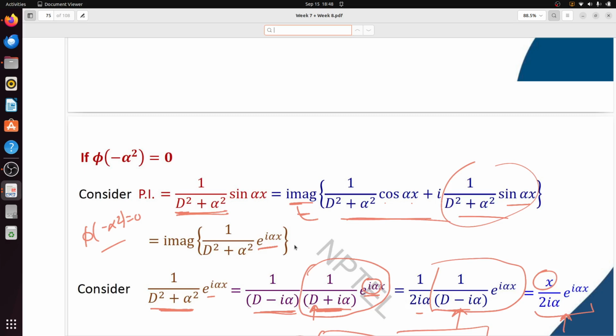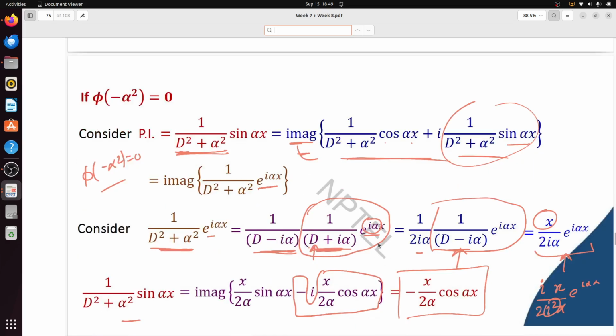So what we will do, we will use the operator on e to the power i alpha x, and you have D minus i alpha, D plus i alpha. So you can put e to the power i alpha x here in this D part. So this will be 1 by (D minus i alpha) times e to the power i alpha x.